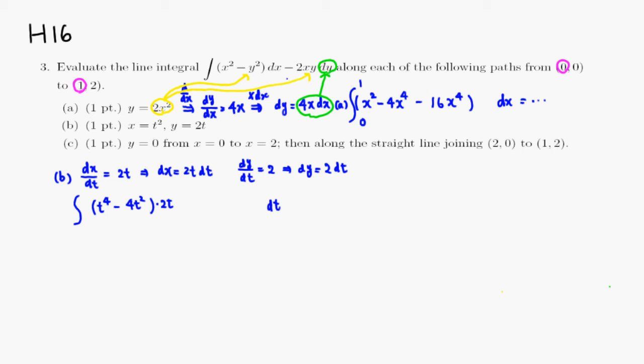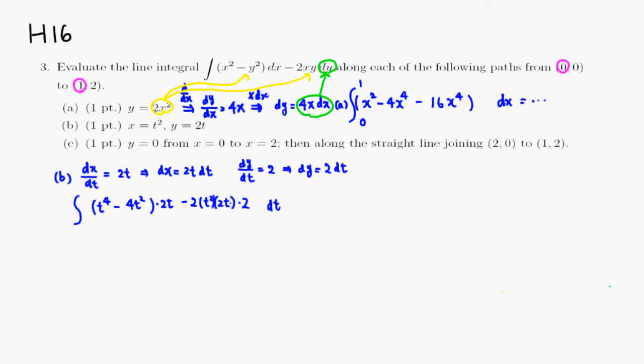Then we can do a negative 2, x is t squared, and y is 2t, and dy is 2 times dt, so times 2.